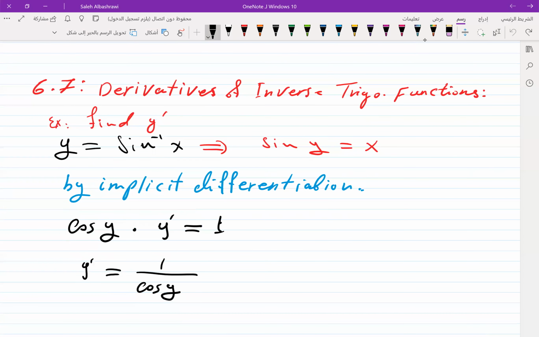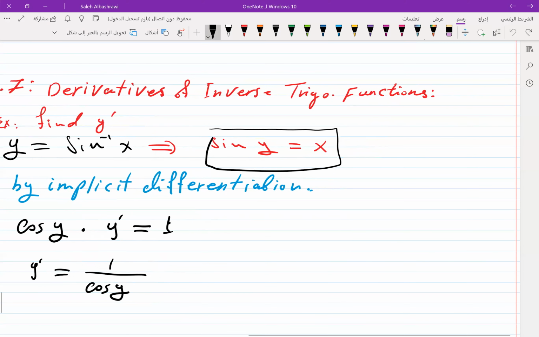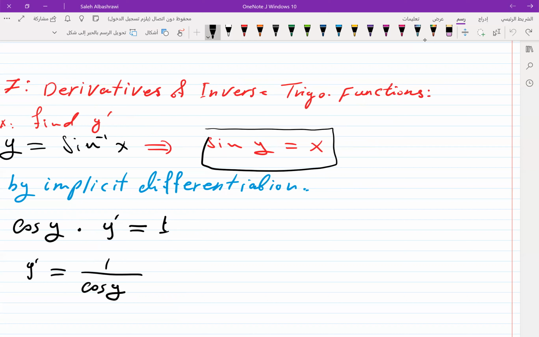Now let's go back to this form, sine y equal to x. We know that the trigonometric function will give some relation between the sides of a right triangle. Sine of y equal to x. So this is y in the right triangle.